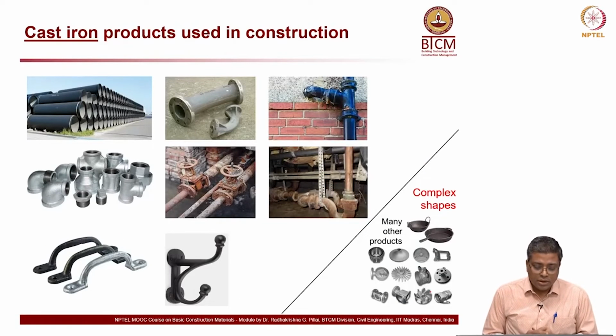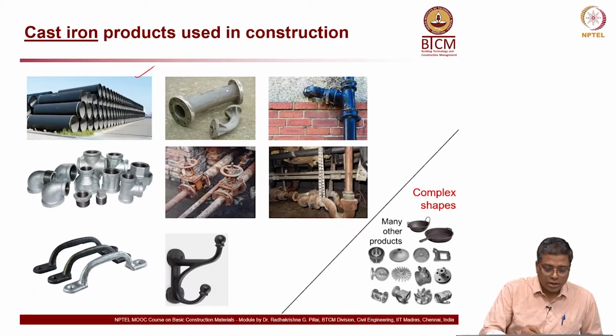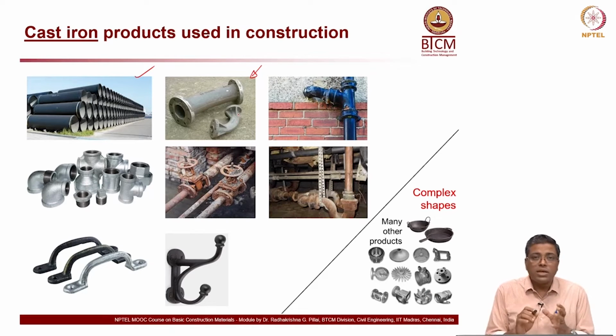If not, you have to go for other products. Now, another more refined product is cast iron, where cast iron is used for pipelines, water pipelines, sewage lines. I mean, many products are there. You can see here pipeline, and then these are some of the connections for the pipes, and wherever there is a complex shape, and that shape can be achieved by making a mold, that is where cast iron comes into the picture.